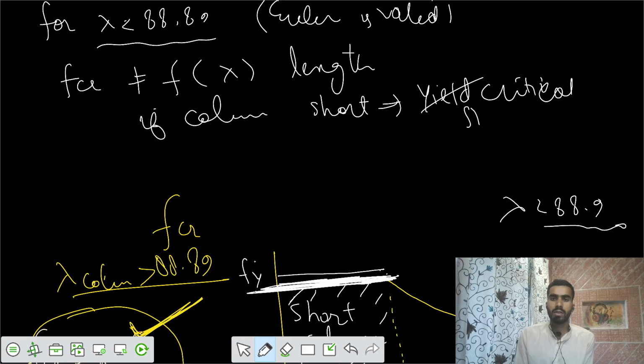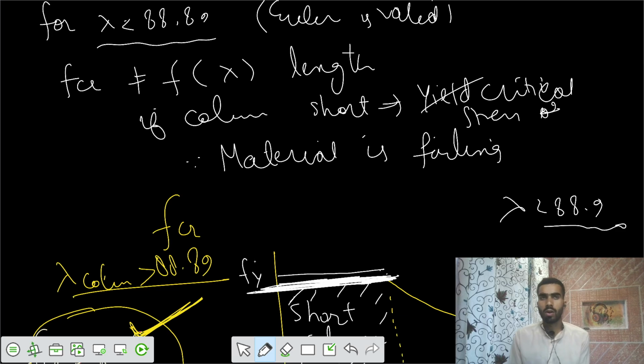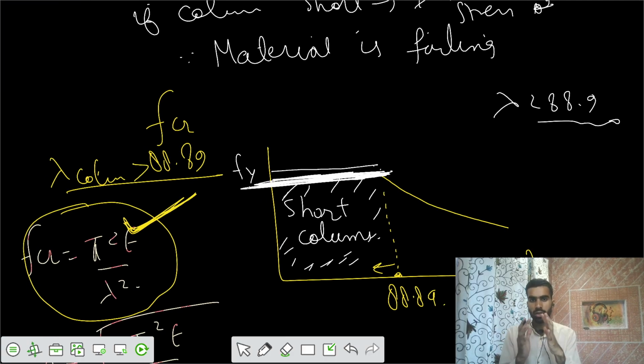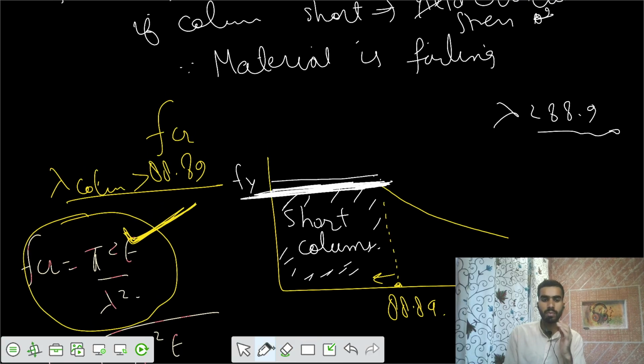We are saying that the material itself is failing, not because of the length, because we are talking about short columns. They are failing by the crushing of the material. So it does not depend on how much length we have.